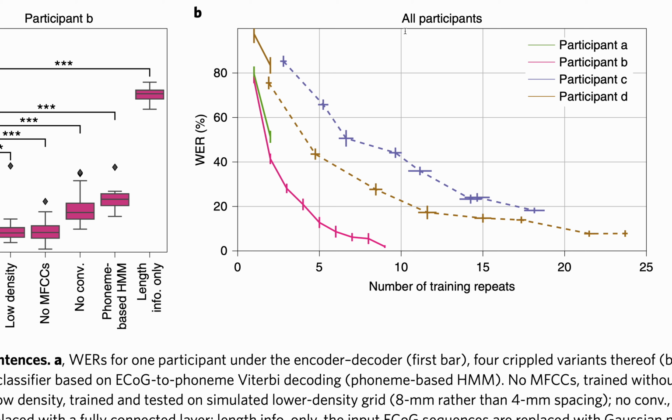Now for participant A, which is represented in green, and participant D, which is represented in brown, limited data was collected. What they have tried to do is see how they can apply transfer learning or information from some other places which can boost the performance, which can reduce the word error rate.